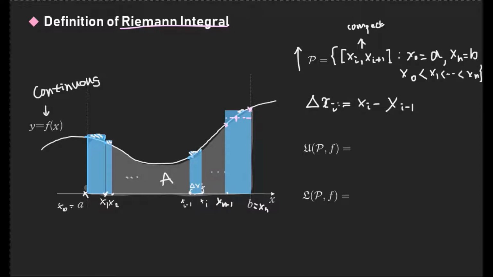In this case, this is the maximum part and this is the minimum part. Then the upper sum method is absolutely that we take the maximum value as the height of the rectangle.